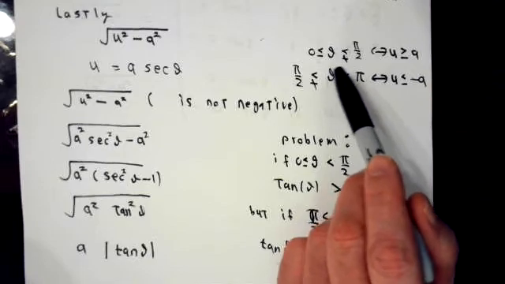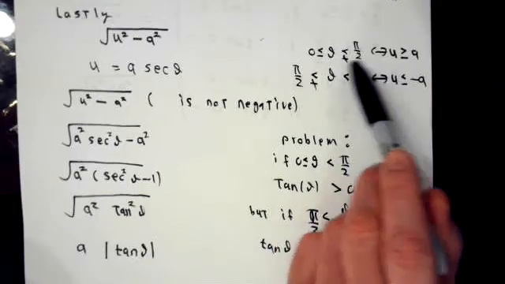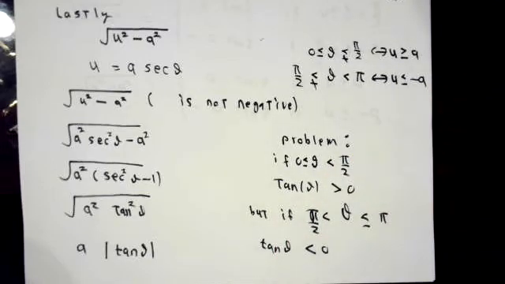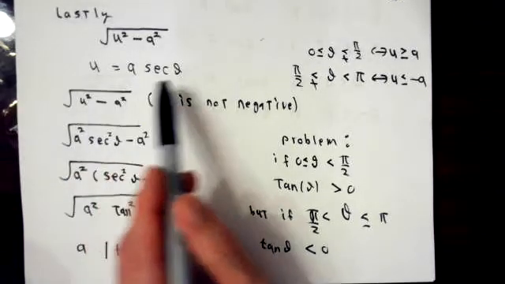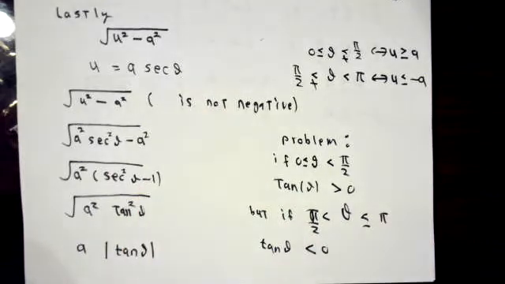So cosine of theta, when theta is between 0 and pi over 2, is less than 1. That means that secant of theta will be bigger than 1. And if u is a times secant of theta, u is a times a positive number that's bigger than 1.